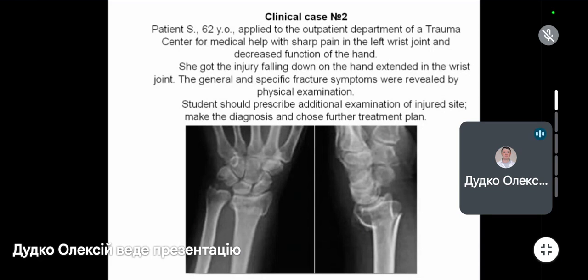So the reduction was done. Next step is you should recommend to the patient what to do then. For the first day, as swelling is increasing, you recommend an elevated position of the limb.